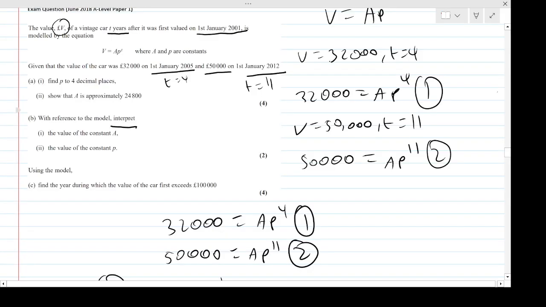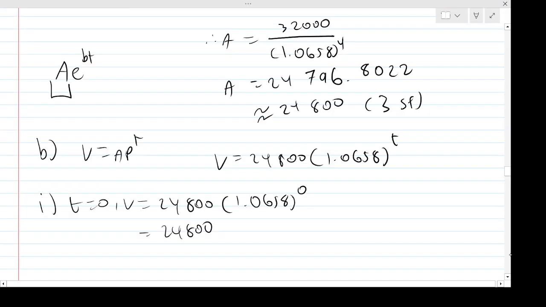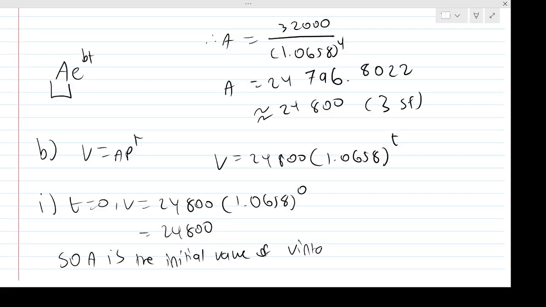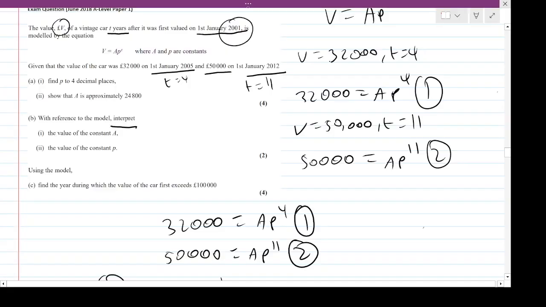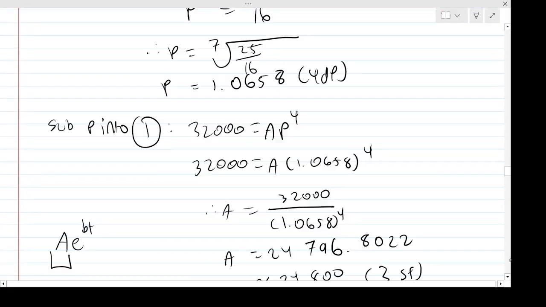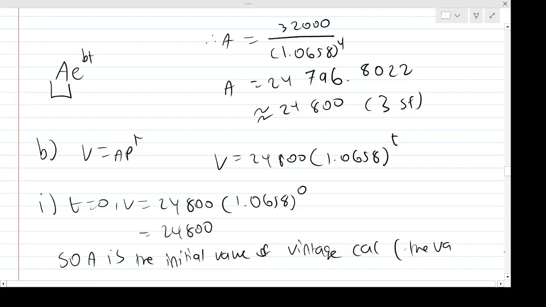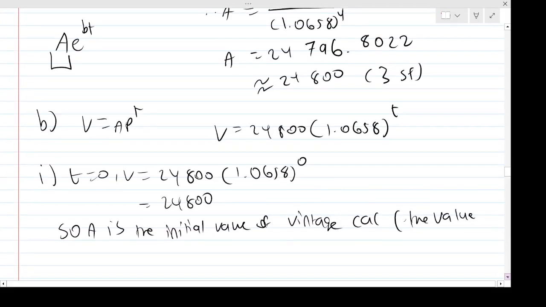So that means the initial value of the vintage car. Or, more specifically, the value of the car initially, on the 1st of January 2001.